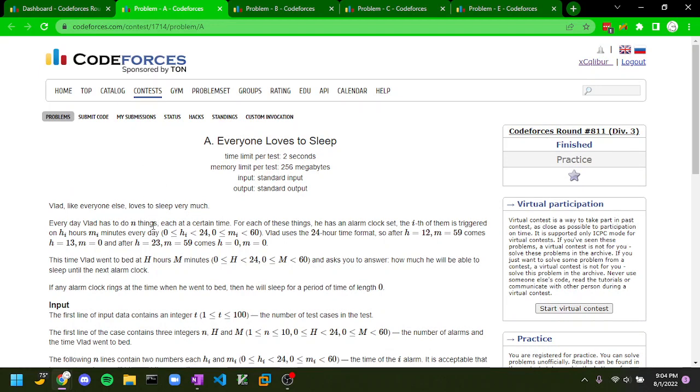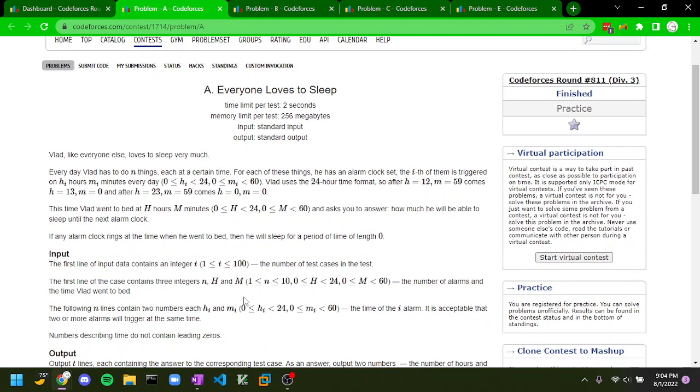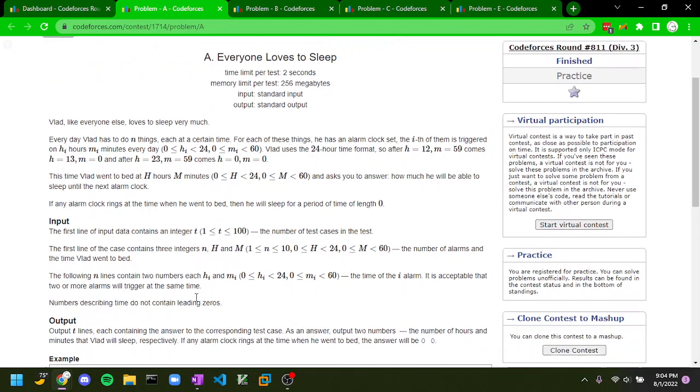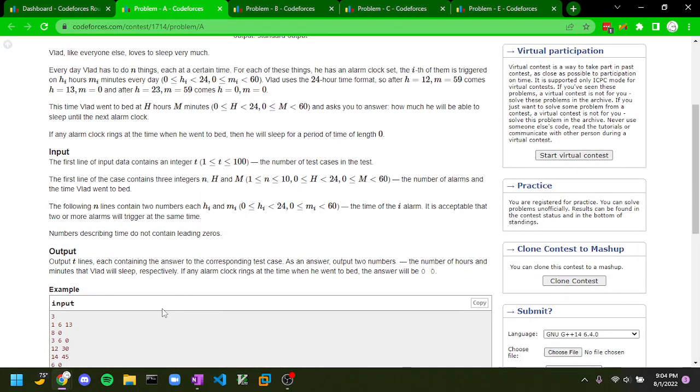So you're given the time Vlad goes to bed, which is denoted as capital H hours and capital M minutes. You're also given an integer n, and then for the next n lines, you're given lowercase h and lowercase m, which denote the hours and minutes the alarm bell rings.